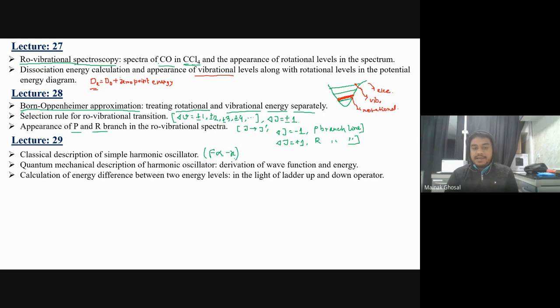Now the quantum mechanical description was also introduced, and you know how to calculate this. For that you need to find the Hamiltonian operator, H, which is the sum of the kinetic energy and potential energy operators.